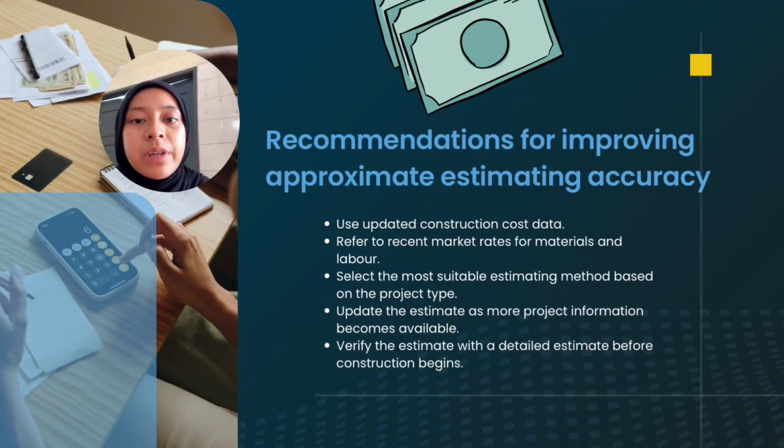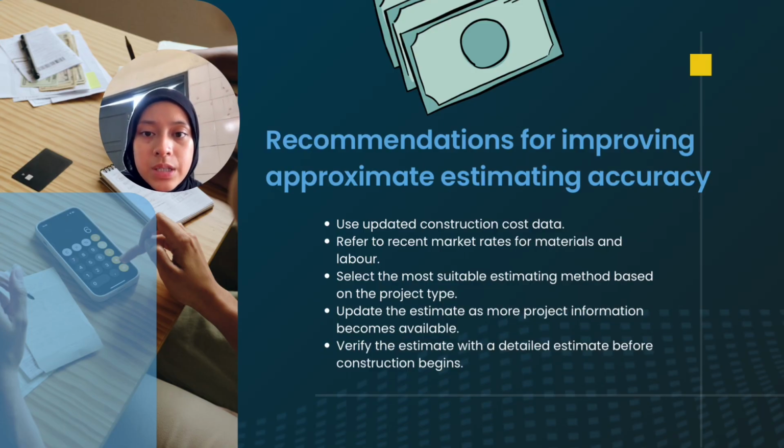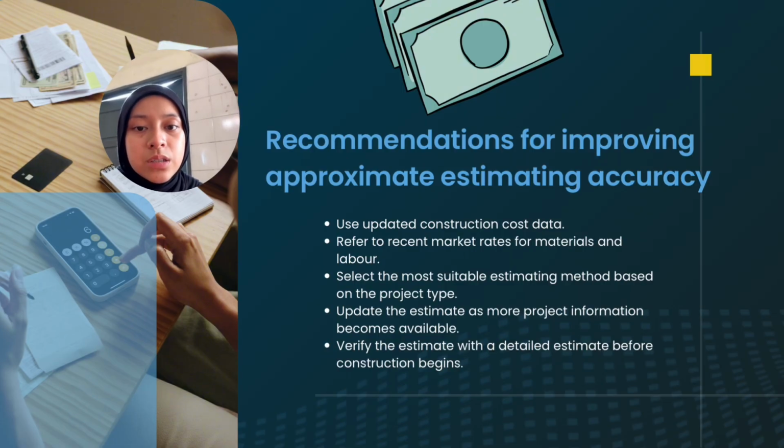And for the recommendation, to improve the accuracy of approximate estimating, several recommendations can be made. First, updated construction cost data should always be used to reflect current market condition. And second, the unit rates for materials and labor should be based on recent market price. Third, the most suitable estimating method should be selected according to the type and complexity of the project.